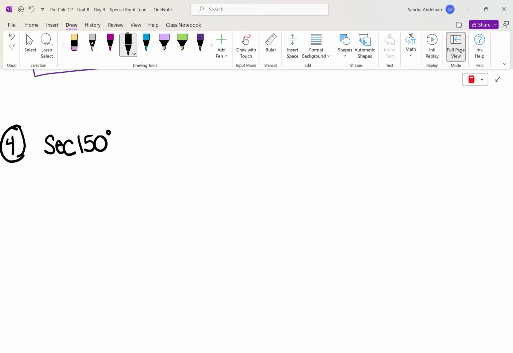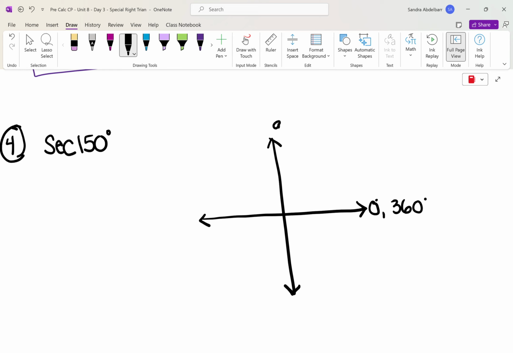So now we're going to have the secant of 150. Which quadrant are we making this triangle in?